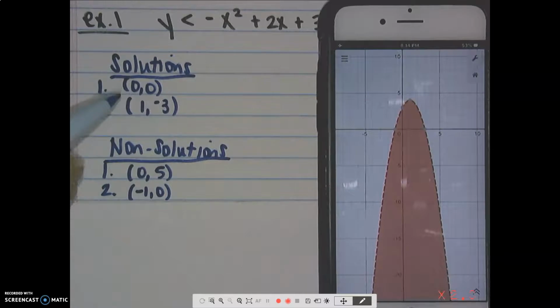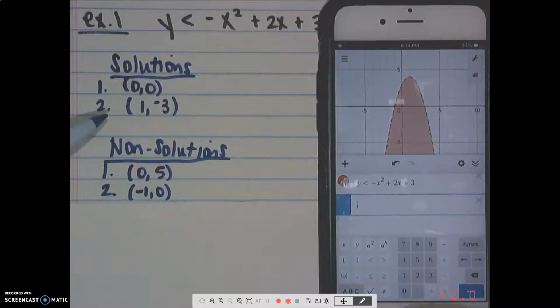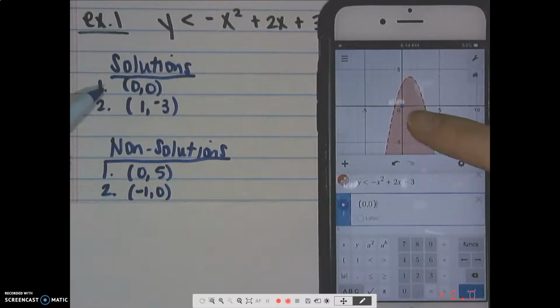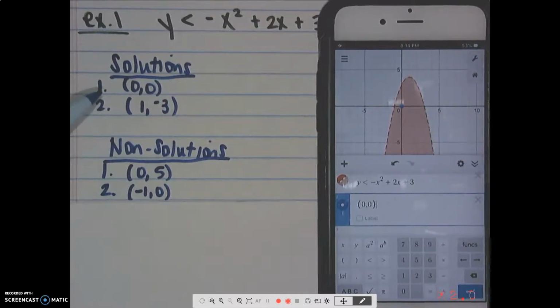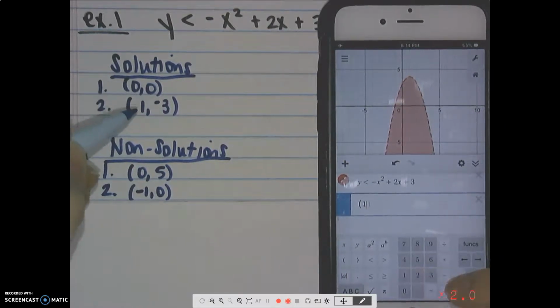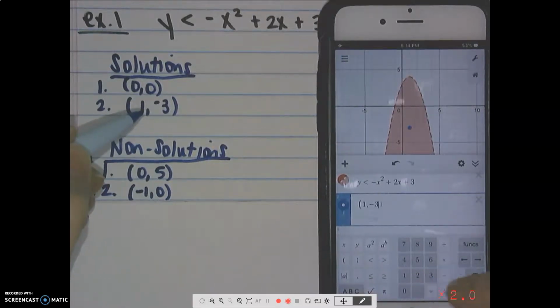Now, if you're trying to make sure that these are actually solutions or not, one thing you can do is type in the point 0, 0, and it's going to plot it there for me, and I can see that it's in the shaded area. Or maybe I want to make sure that I have chosen the correct order. I have 1, -3.